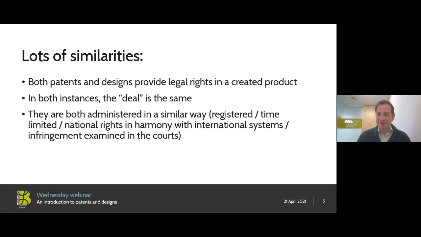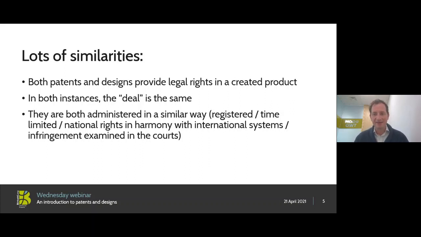I'd first like to consider the similarities between patents and designs, because there are a lot of them. The first thing we need to say is that they're both registrations. So you have to compile a document of a particular form with different sections, and we'll come back to those sections. Then you have to submit it, and it's dealt with by a particular authority.